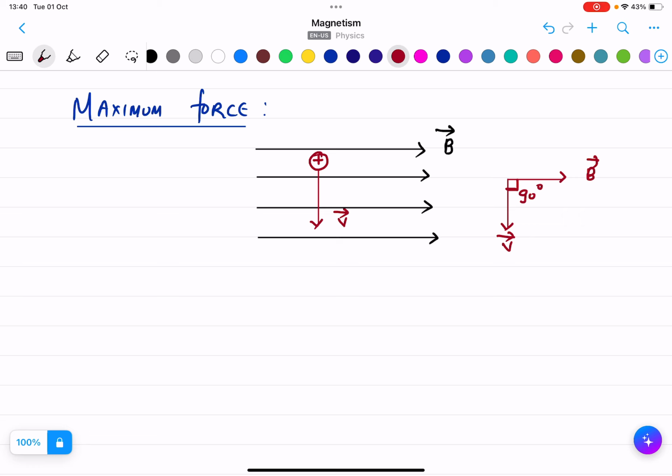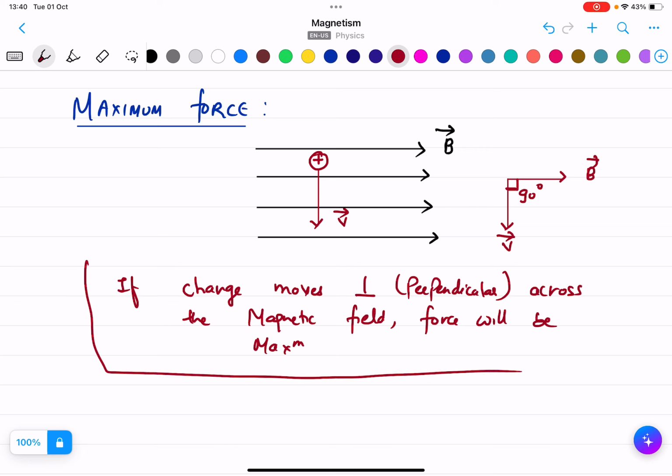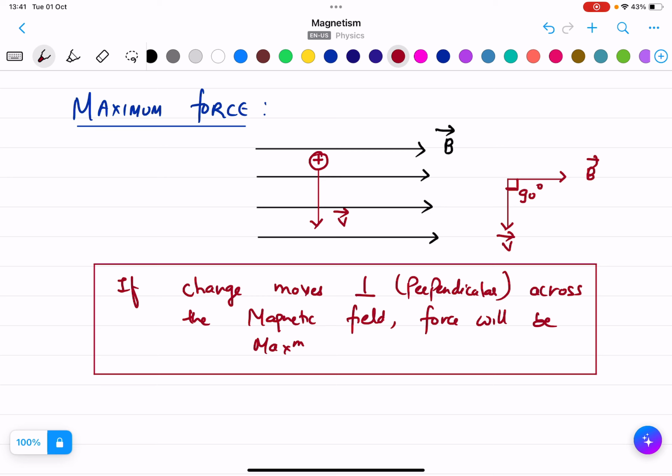That means I can say that if charge moves perpendicular, this is the perpendicular sign, right? If charge moves perpendicular across the magnetic field, that means force will be maximum. Do you understand this point? If it is perpendicular, that means the angle they are making is 90 degrees and sine 90 equals 1.